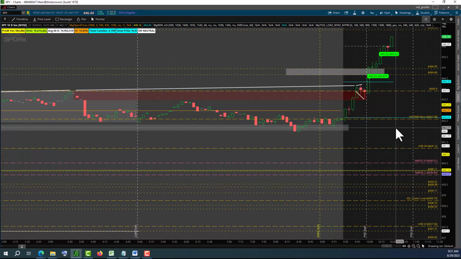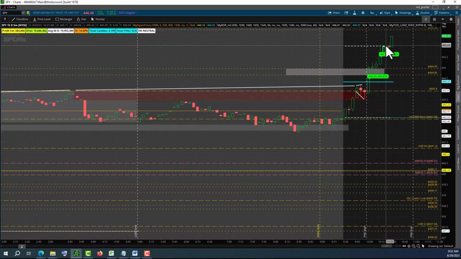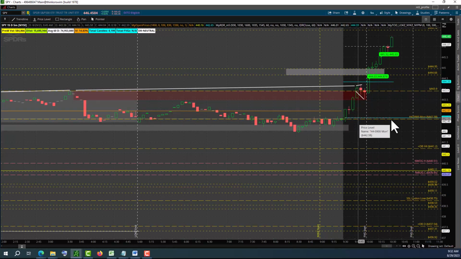Let's see if it closes above. If it closes above, then we have a confirmation that this is going to be the low of the day. This level.